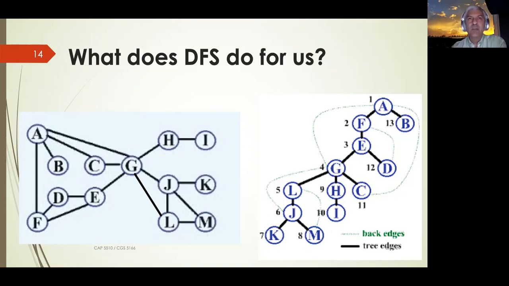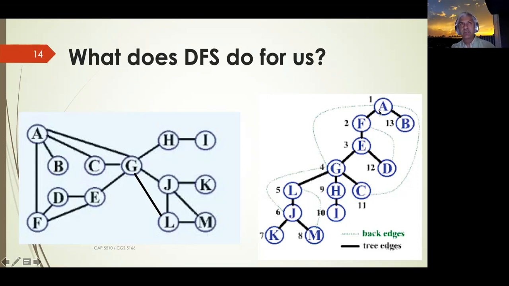Now, what I've shown you here in green are called the back edges. These are the edges that were not used to find new vertices. So the thick black edges were the edges that were used to go find your next new vertex. And the green edges are the edges that you discovered.